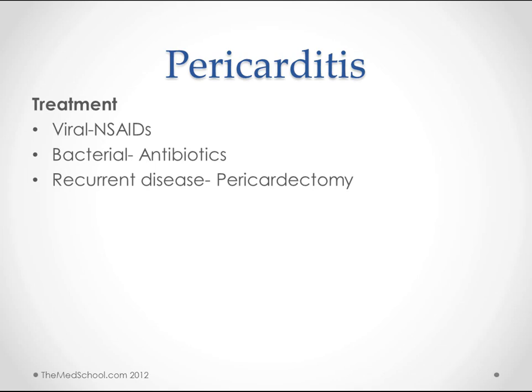So in order to treat pericarditis, if it's a viral pericarditis, all we've got is NSAIDs. We just want to reduce the inflammation, and of course, bacterial pericarditis we'll give antibiotics for. And then in some cases, they do a pericardectomy if it becomes a recurrent problem.